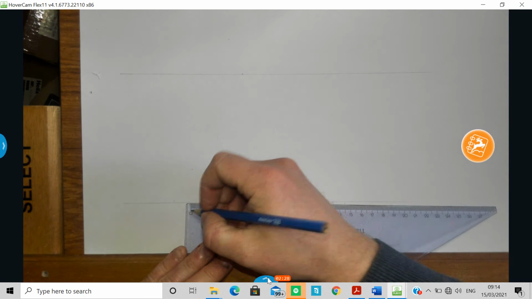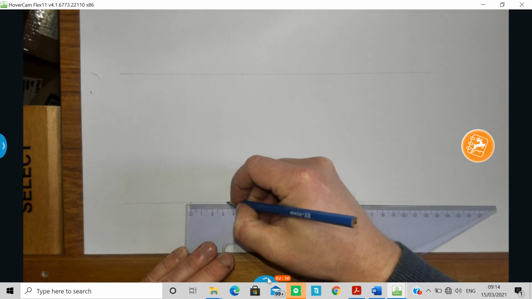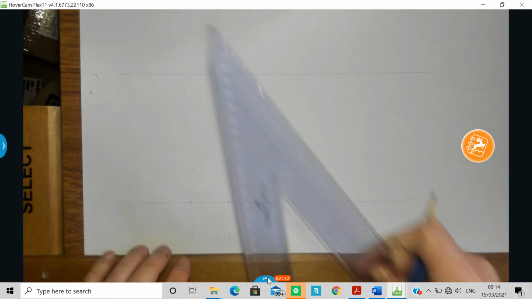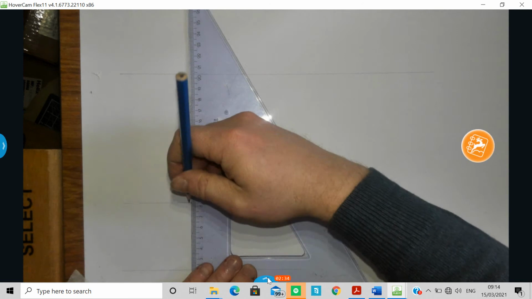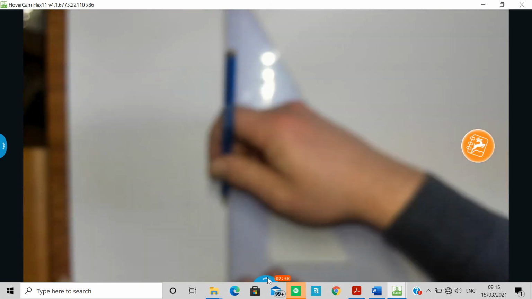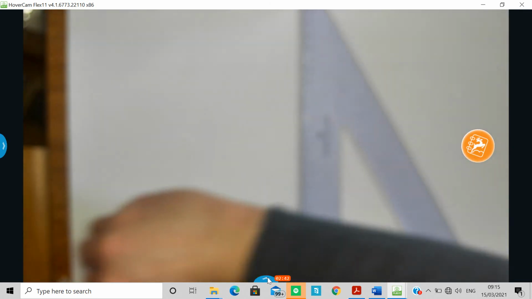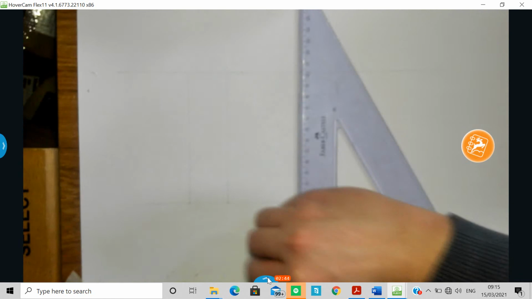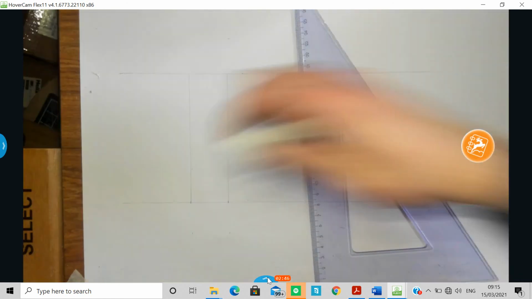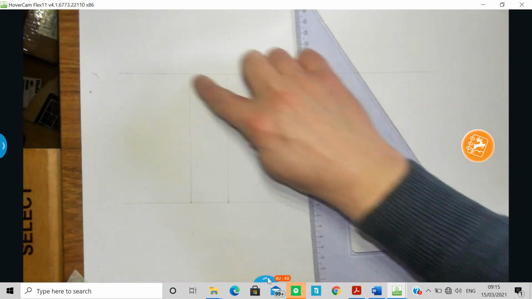Now I'm going to measure my 35. Okay, so there is my base rectangle drawn. Nice and easy.